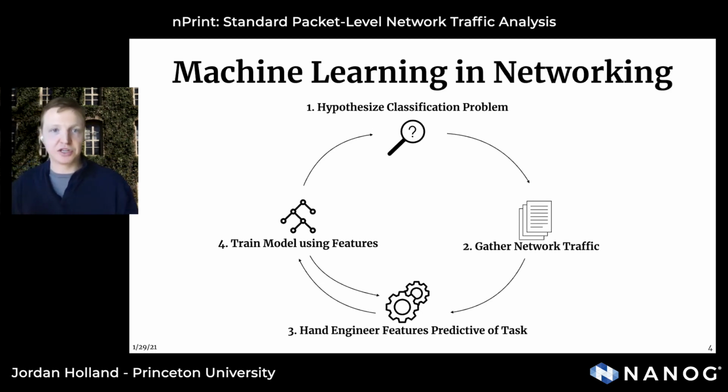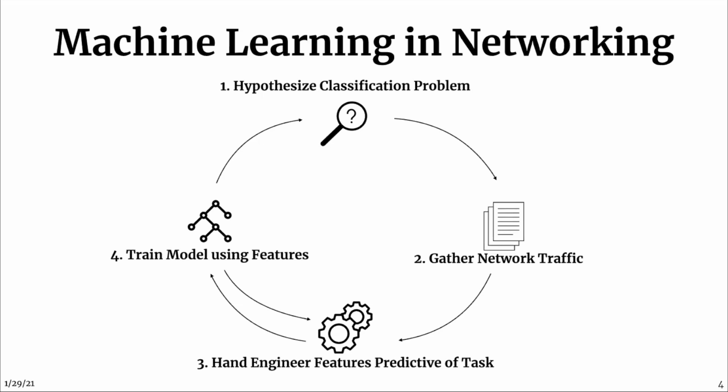So speaking of machine learning applied to network traffic, there's a classic workflow when you want to apply machine learning to network traffic. First, you hypothesize some problem. Say I want to fingerprint devices remotely. Then I gather network traffic that corresponds to that problem. So I'm going to probe devices in this case, and I'm going to look at the responses as my traffic.